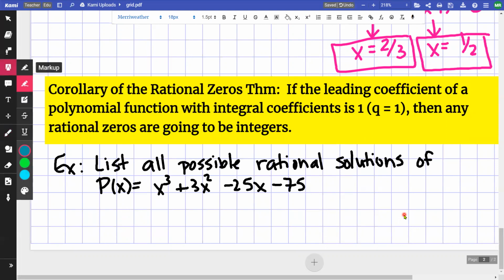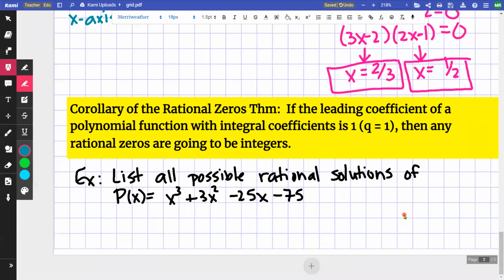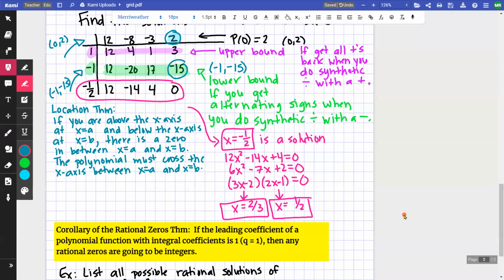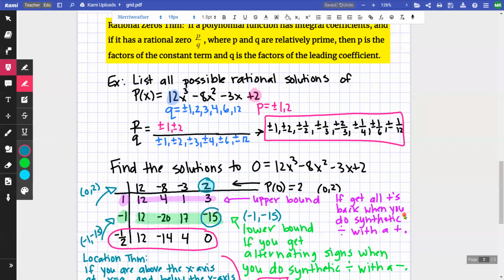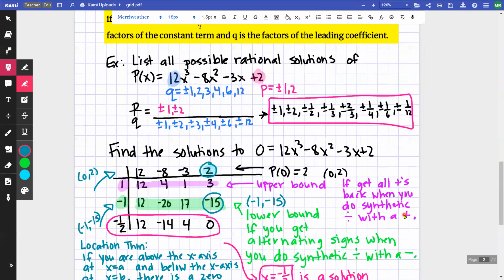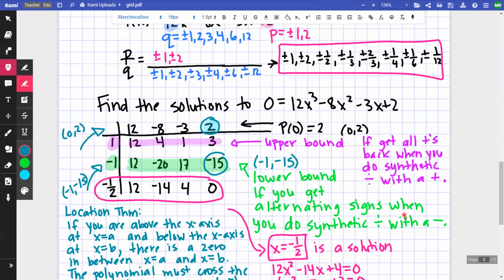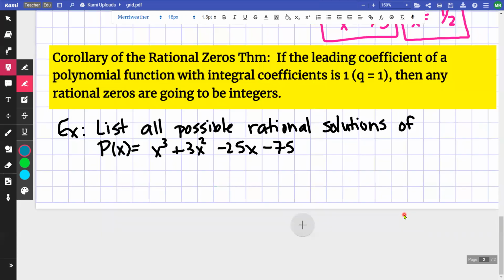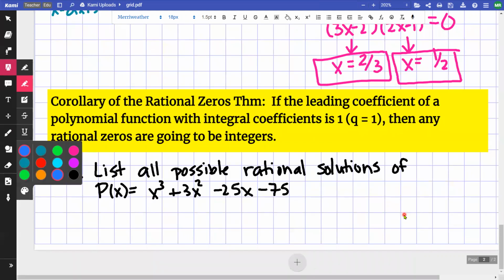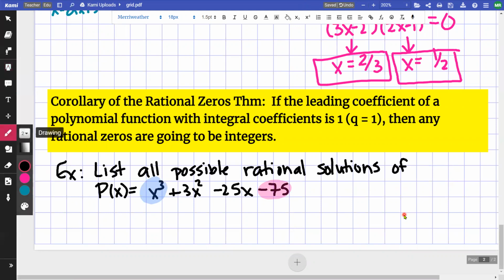So in this situation, our P up here was a 2 and our Q, the number in front, was a 12. Down here, this is going to be a simpler problem because my Q is going to be a 1. My P is going to be a 75, so I'm going to have more choices for that.